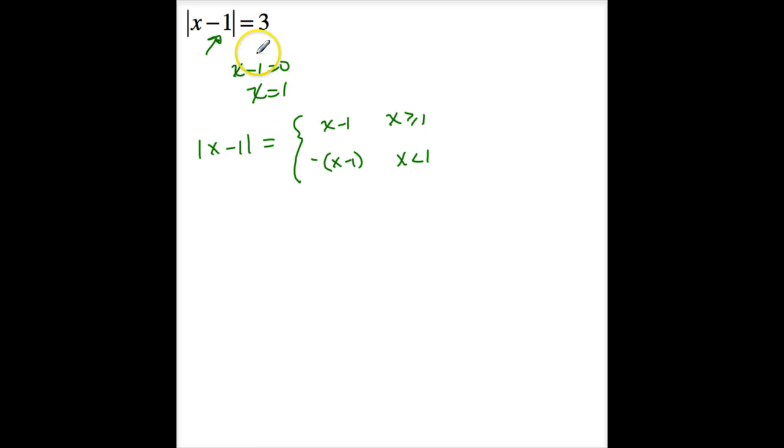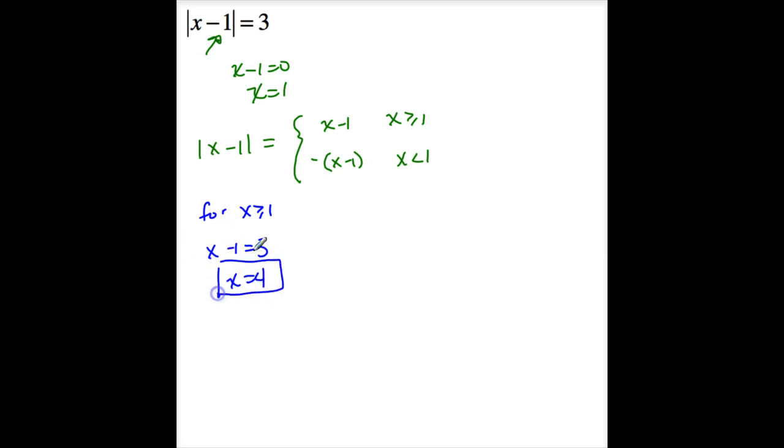Now, the next thing you need to do is solve this equation using these two pieces of the graph. So for any x greater than or equal to 1, we're going to see if we have a solution to x minus 1 is equal to 3. So x is 4.